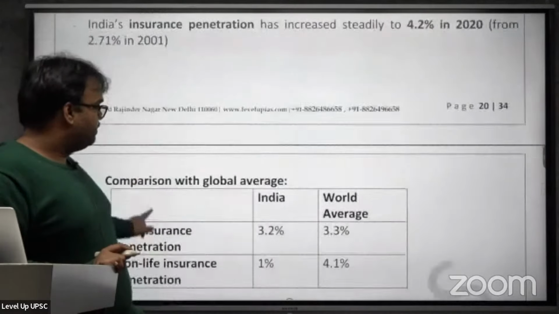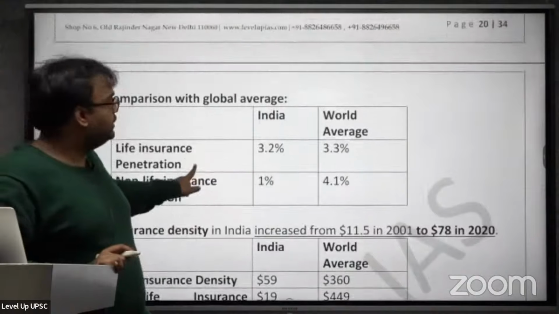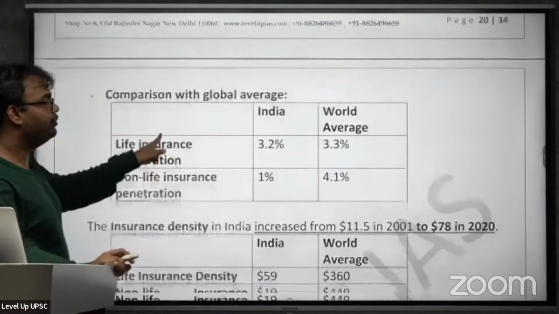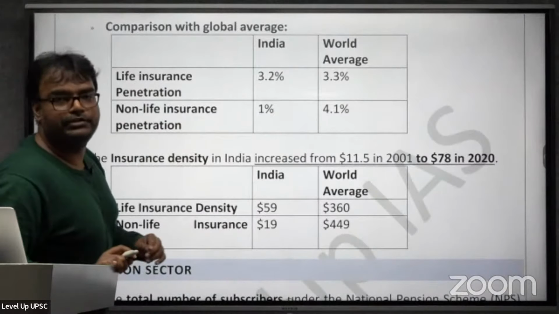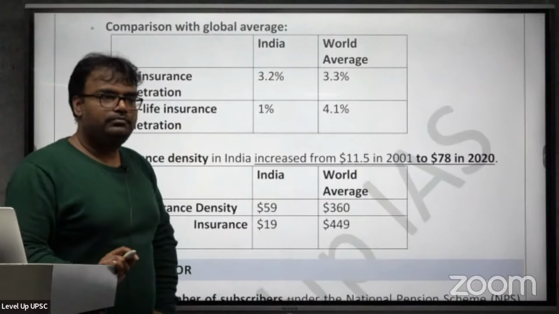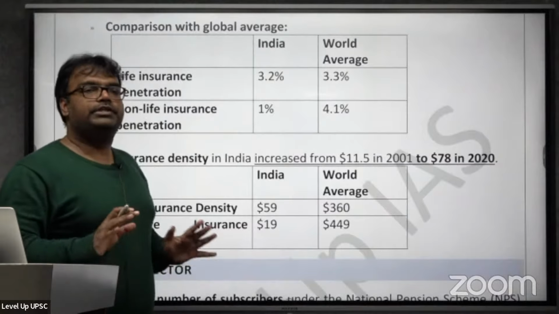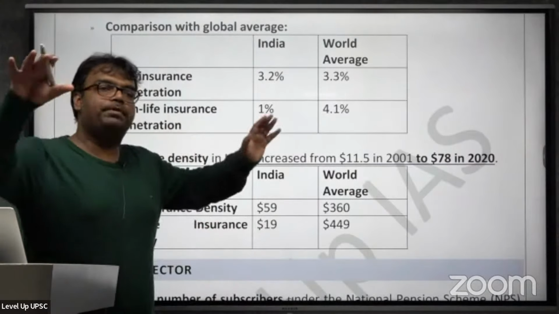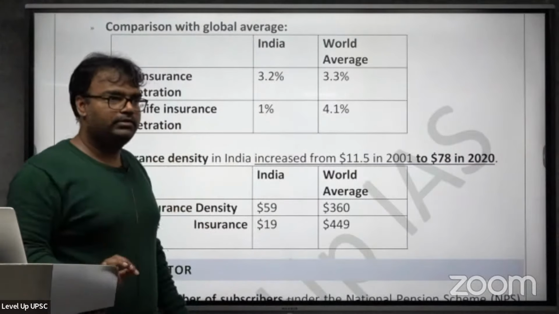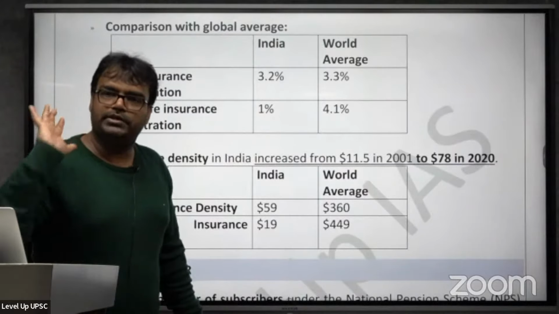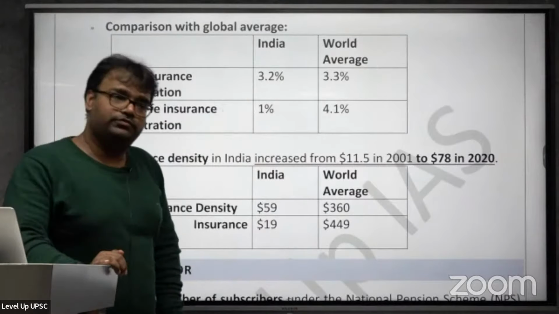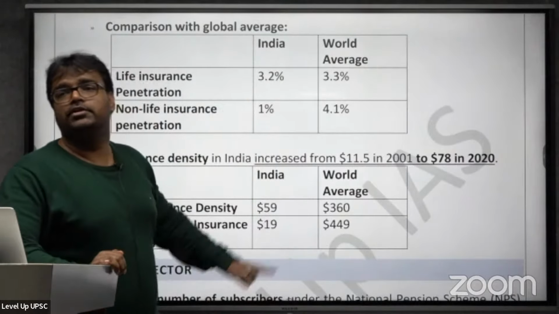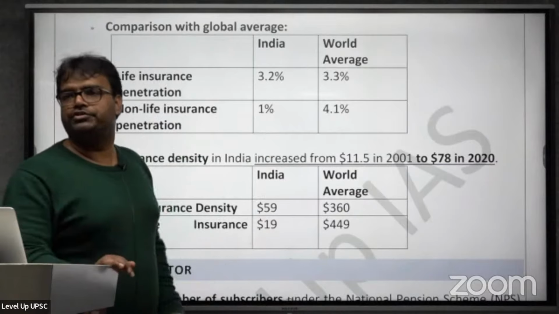But of this 4.2%, 3.2% is for life insurance penetration and 1% is for non-life insurance penetration. फिर से, what was insurance penetration? Total premium divided by total GDP. It is 4.2% in India. So of the total premium, 3.2% is for life insurance, 1% is for non-life insurance.